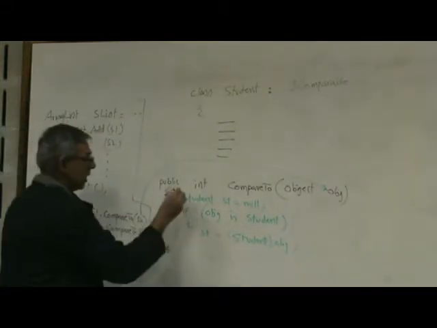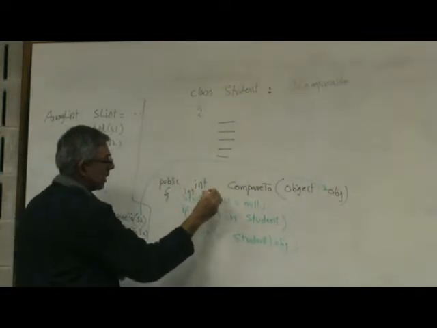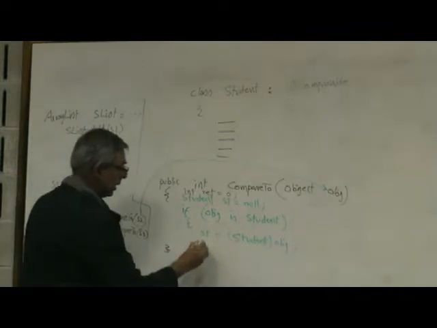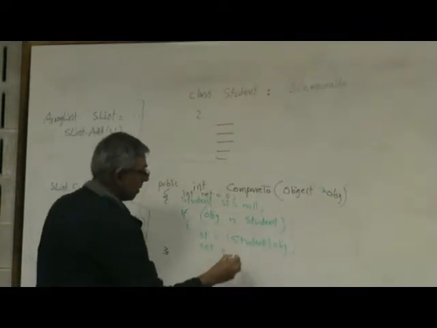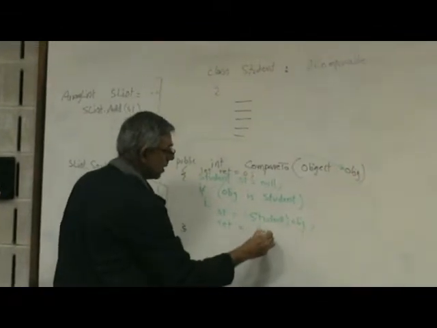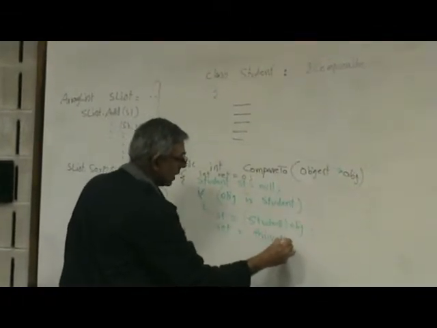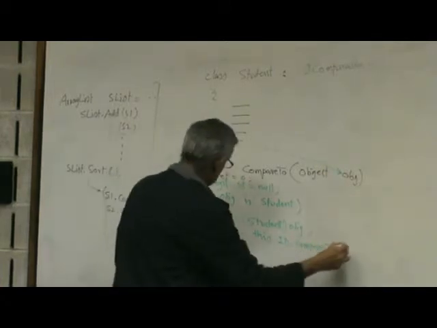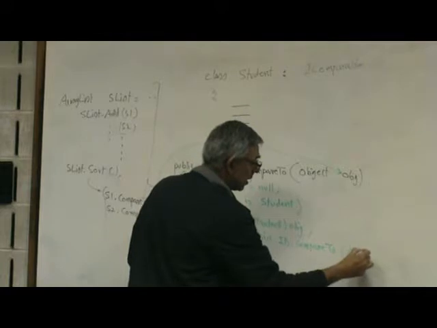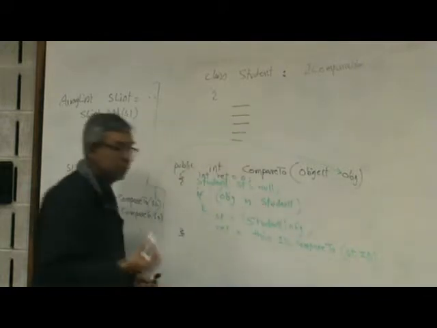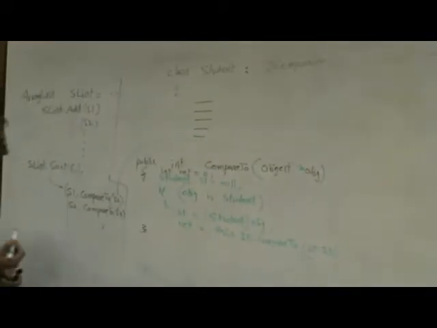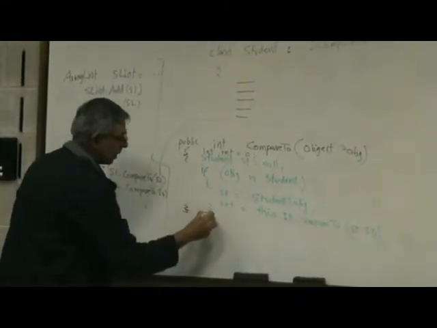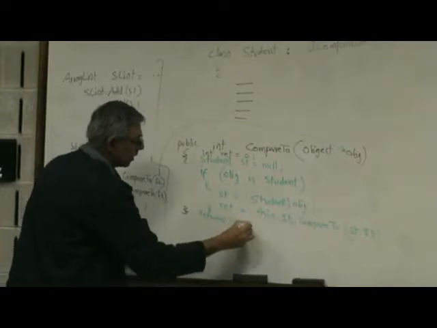And over here, let me also put int ret equal to 0. So now we will do ret equal to this dot, for example, id dot compare to st.id, correct? So we'll compare the two IDs. Let's pretend we wanted to sort them by IDs, right? And then we will basically return ret.